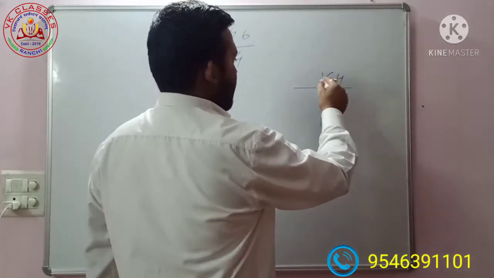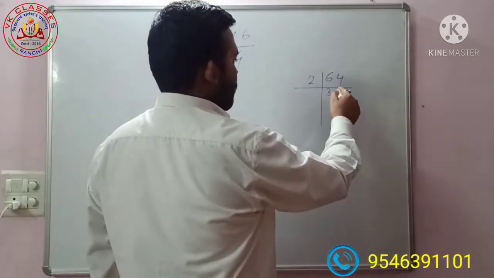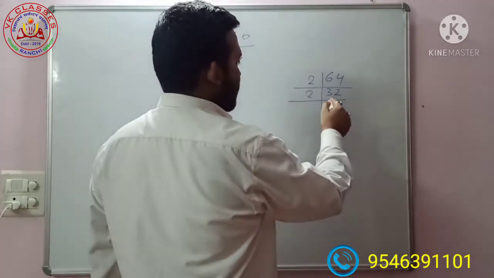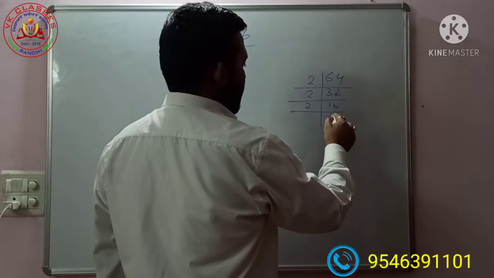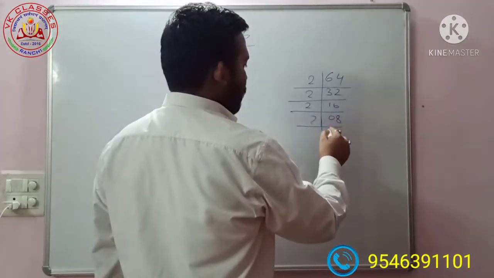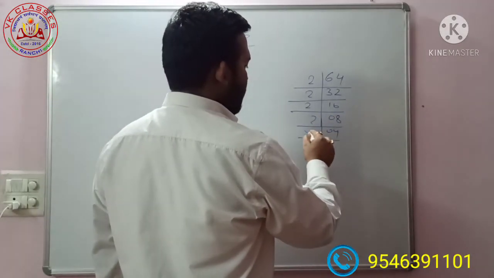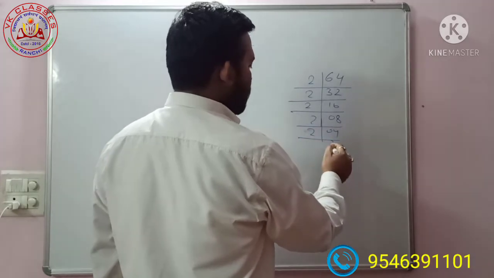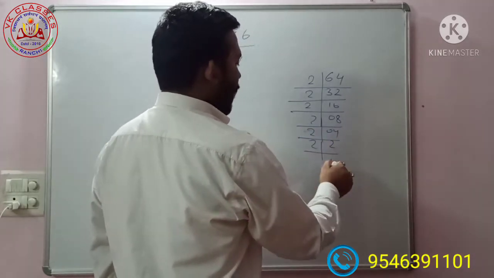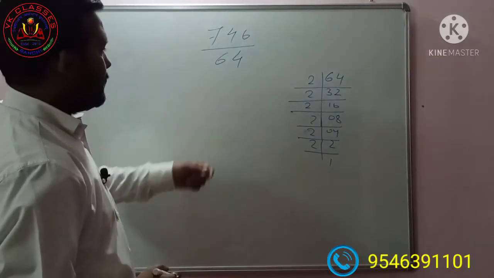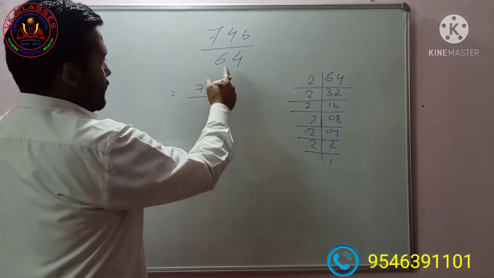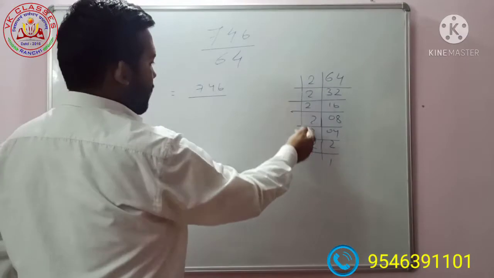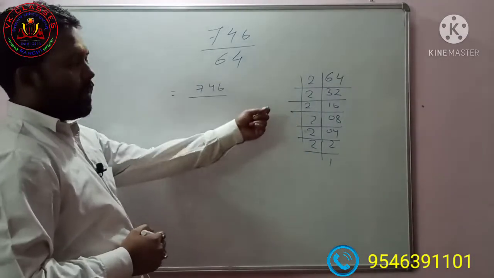64, if we divide it by 2 we get 32. Divide by 2 again, we get 16. Again by 2 we get 8, again 4, again 2, and again 1. So here we can see that the prime factor of 64 is in the form of 2 only.